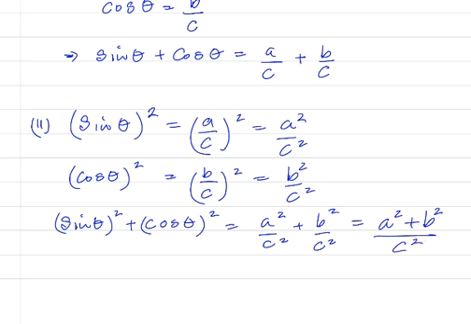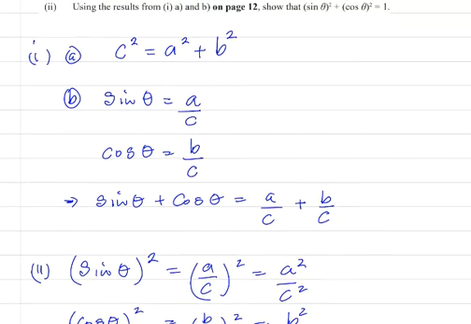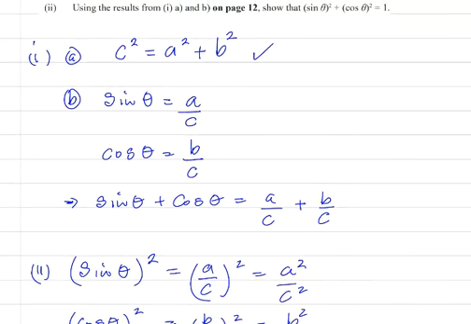But from Pythagoras theorem, remember we said that C square is equal to what? A square plus B square, that's here. So this is Pythagoras theorem.